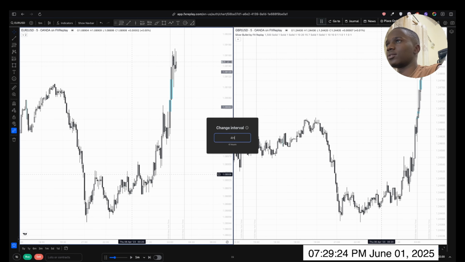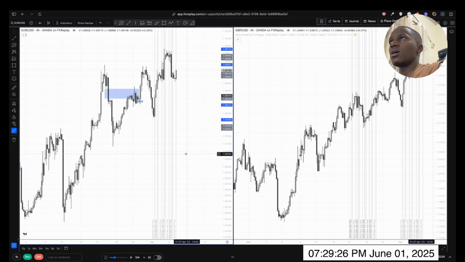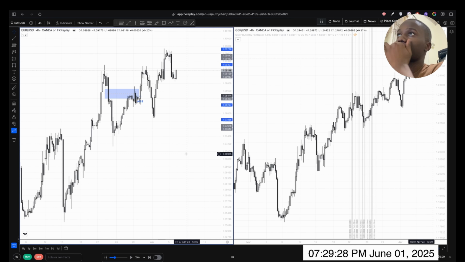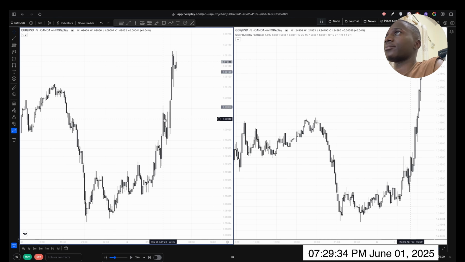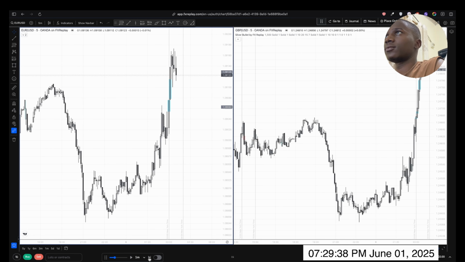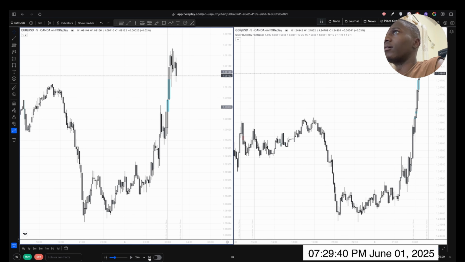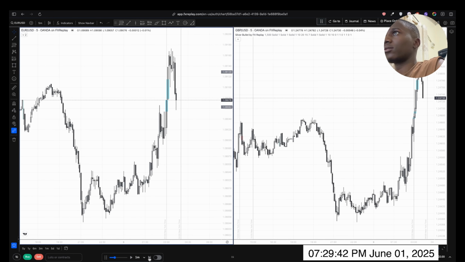What does the 4-hour look like? Well, looks like it's trying to respect this fair value gap. So order block, fair value gap.